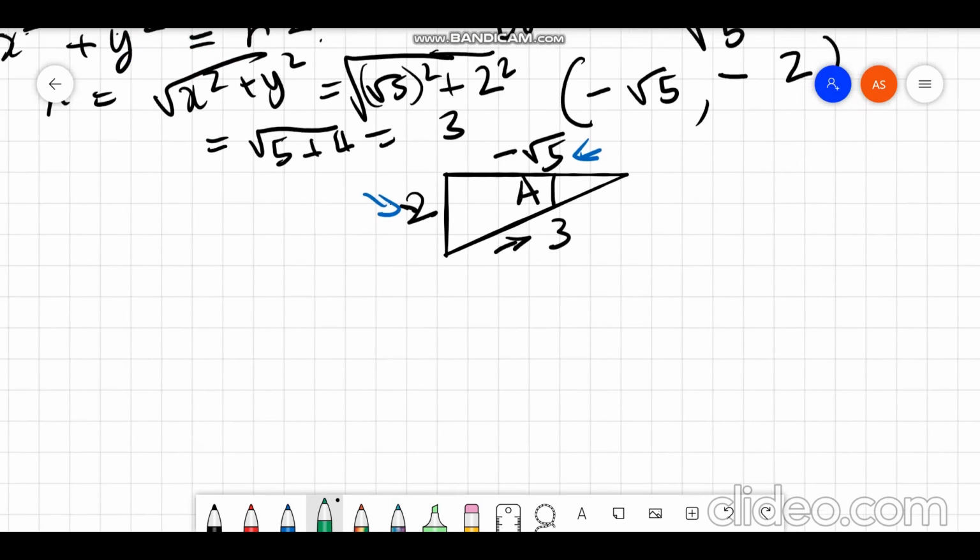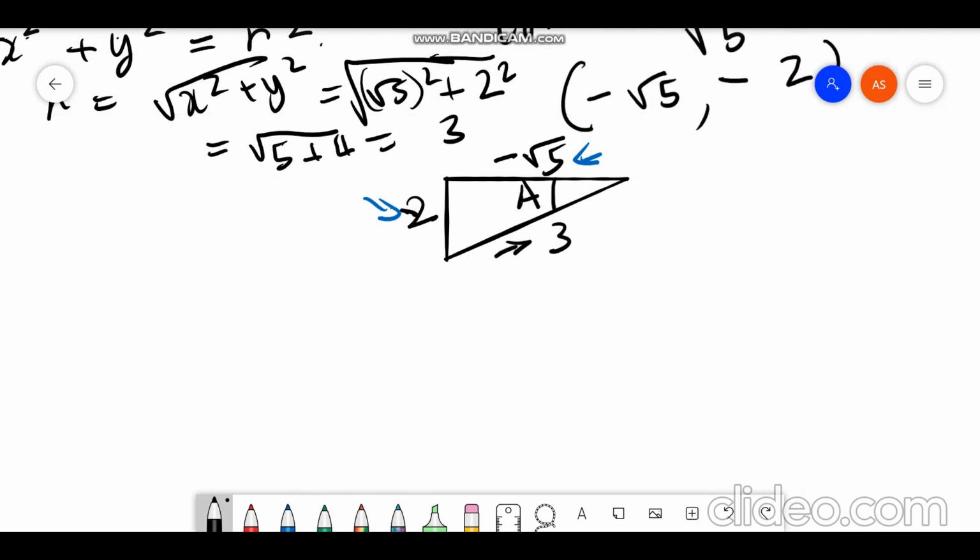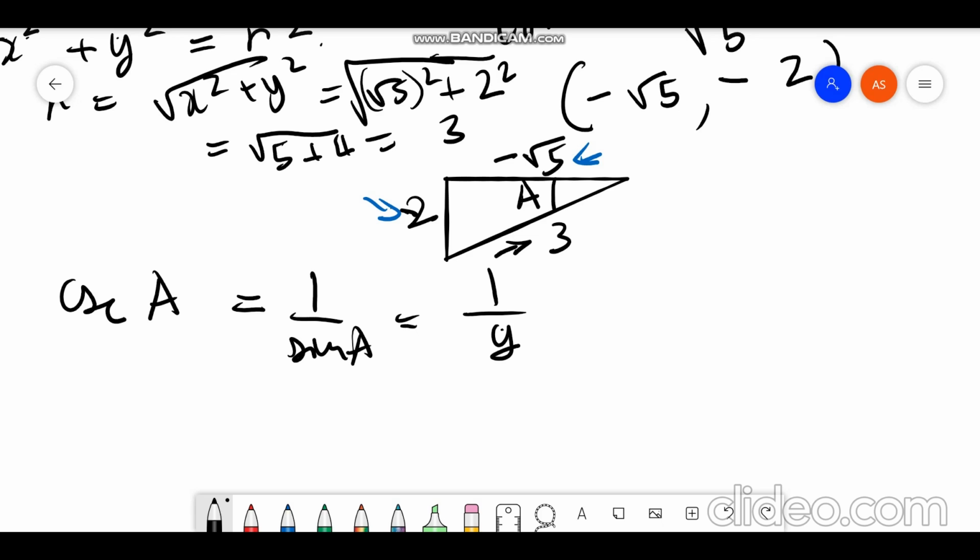First let's find cosec A. Cosec A would be 1 over sine A, which is 1 over y, the opposite, over the hypotenuse r, which is r over y.